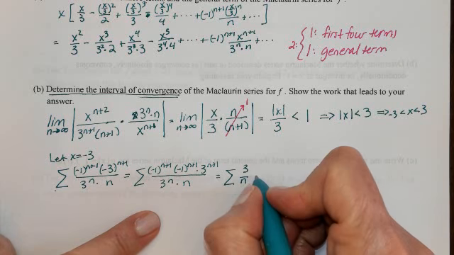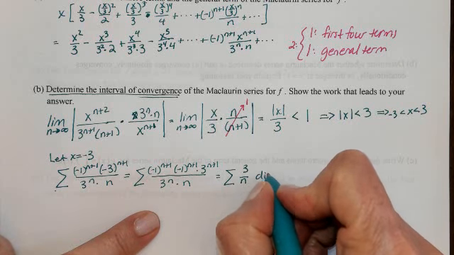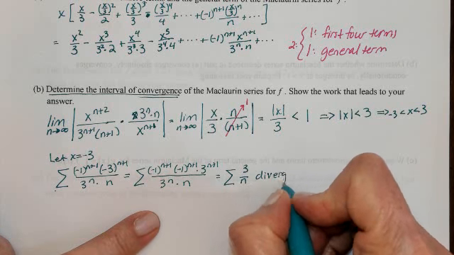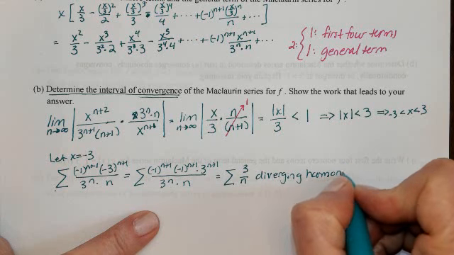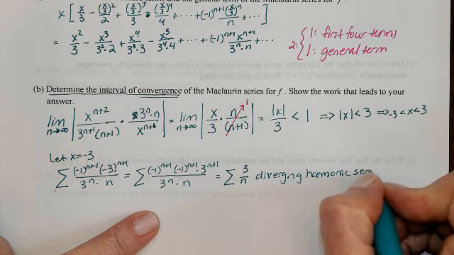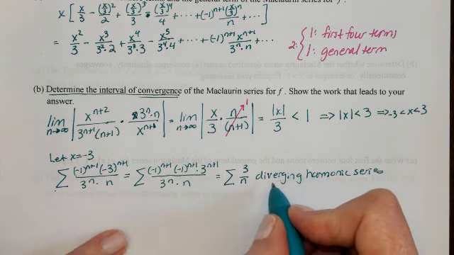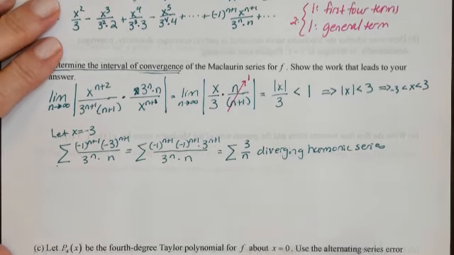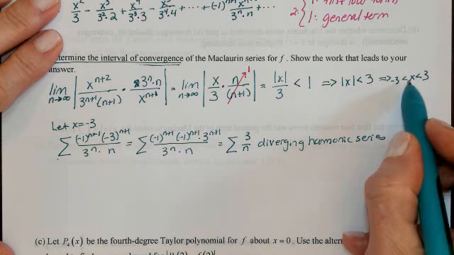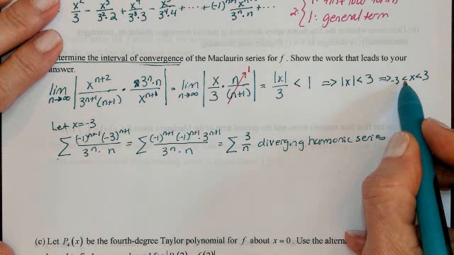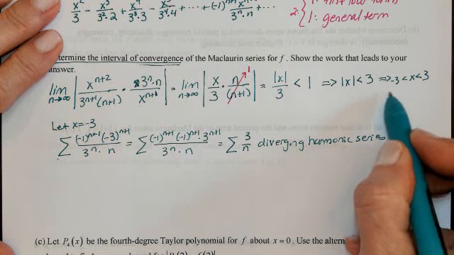And a harmonic series diverges. So I'm going to put diverging harmonic series. You can also say diverging p-series. That's fine. Now so at -3 we do not include that endpoint. So that stays a less than.